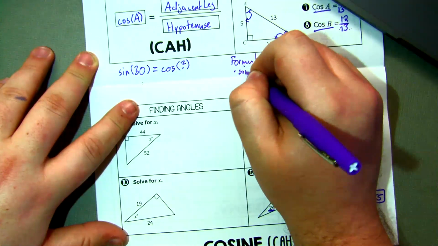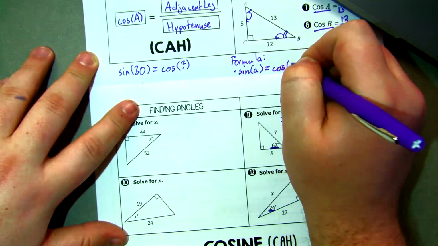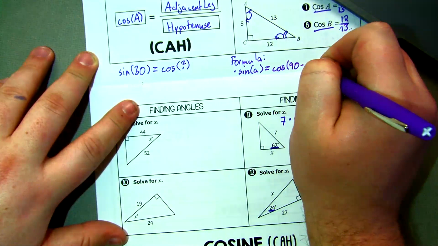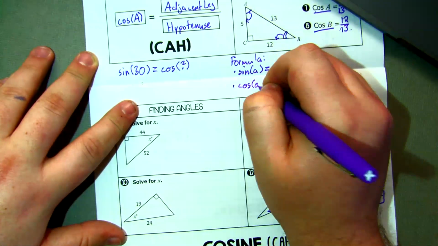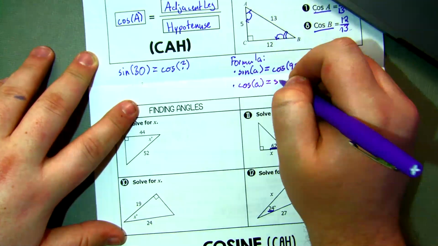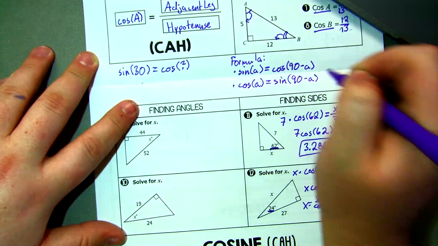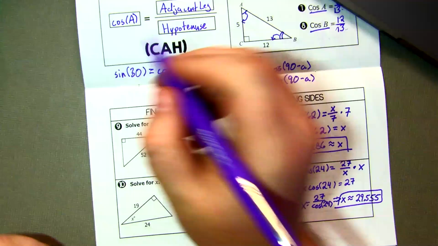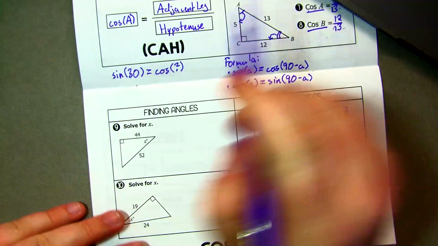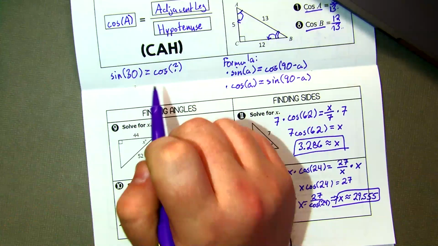Sine of A equals cosine of 90 minus A, which means we can also say cosine of A equals sine of 90 minus A. The 90 degrees comes from the fact that we deal with right triangles. Take a second now and apply one of these formulas to our mystery problem here.